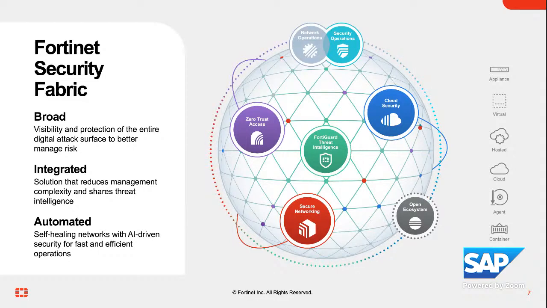We also have zero trust access solutions, and all of these solutions underlie FortiOS, the Fortinet operating system, which is really part of every Fortinet product, which makes the products easy to communicate with each other.